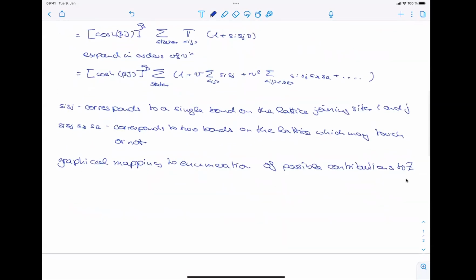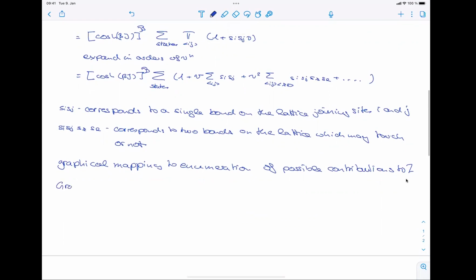And so I haven't specified the 2D Ising model, and we're taking the square lattice, so we're going to look at graphs on the square lattice.